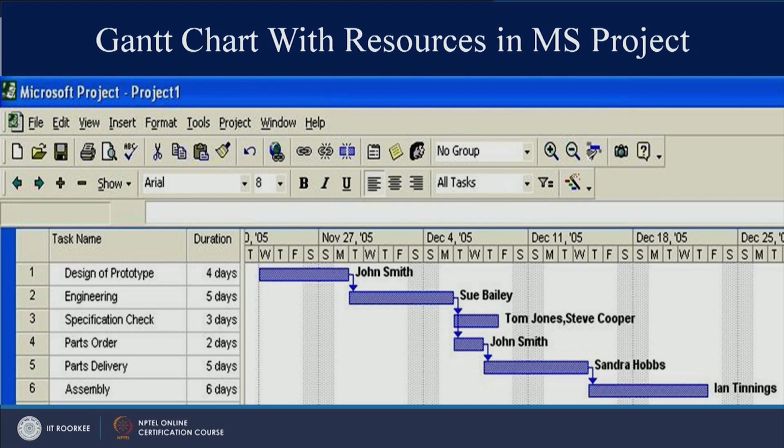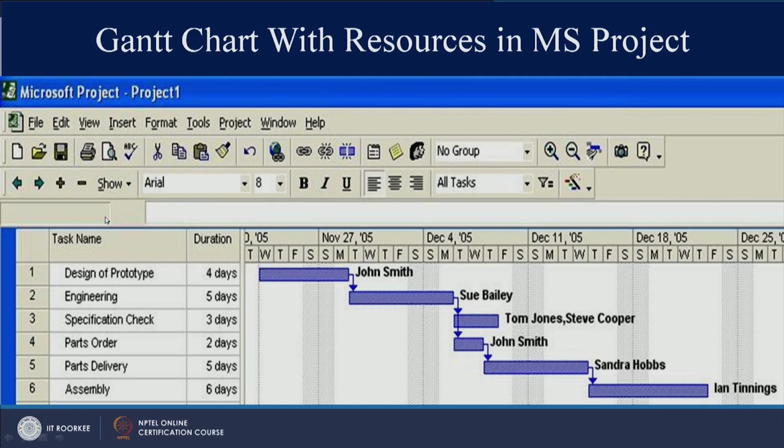Let us look at some more points related to Gantt chart. And why we are discussing it again is because I wanted to show you how Gantt chart looks in MS Project software, right.